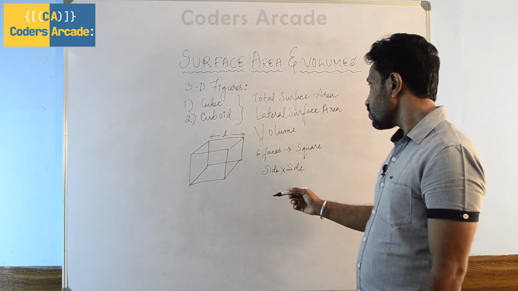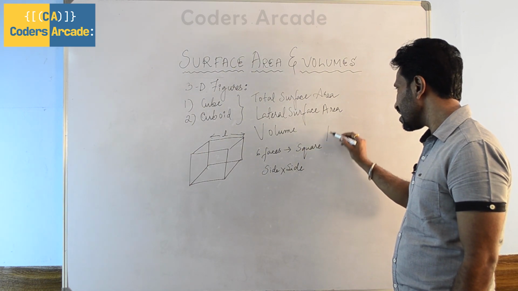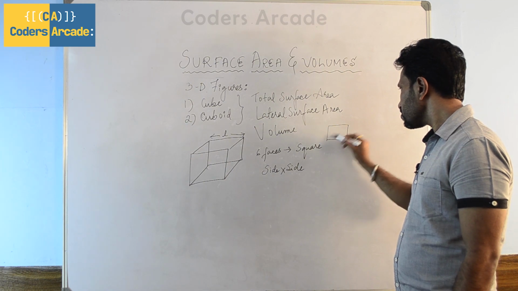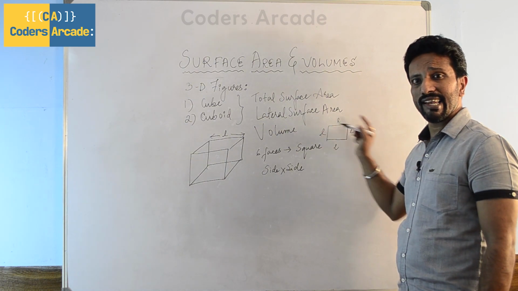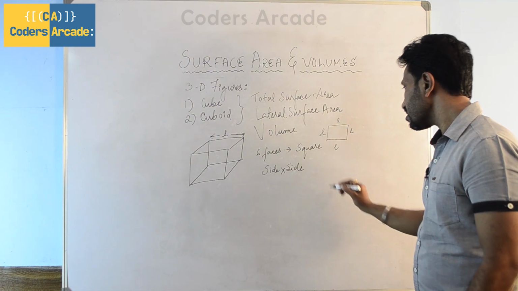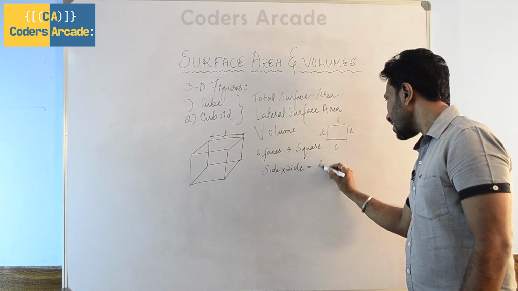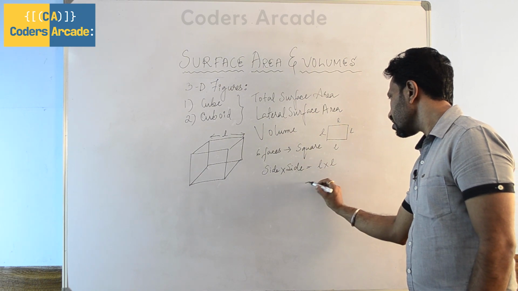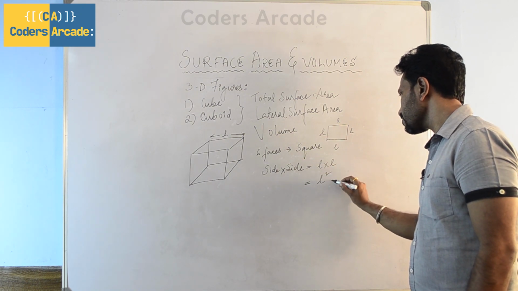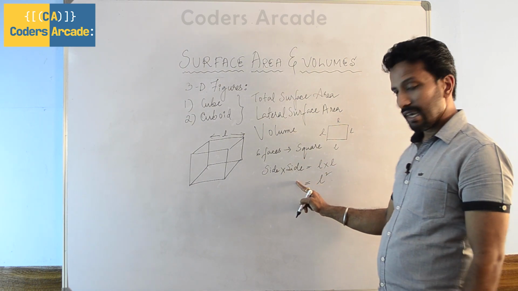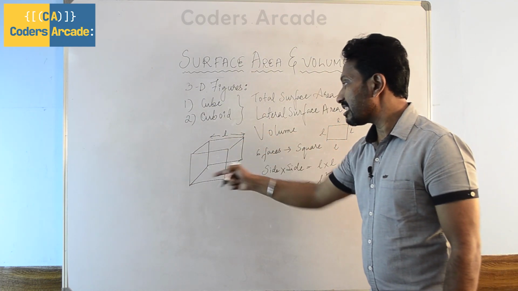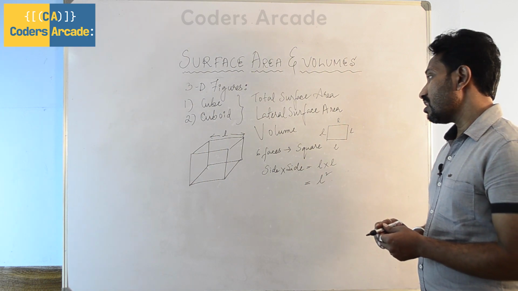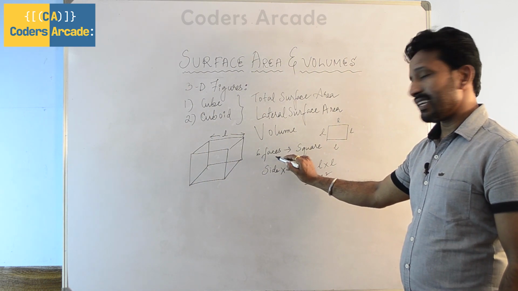Then we can say that each face will be like this: length, length, length, length, or we can say L, L, L, L. So in that case, side into side will be L into L is equal to L square. So this is the area of each face of this cube. Now, as I said, there are 6 faces.